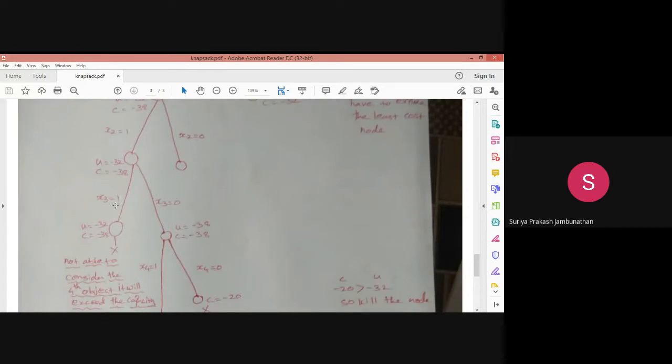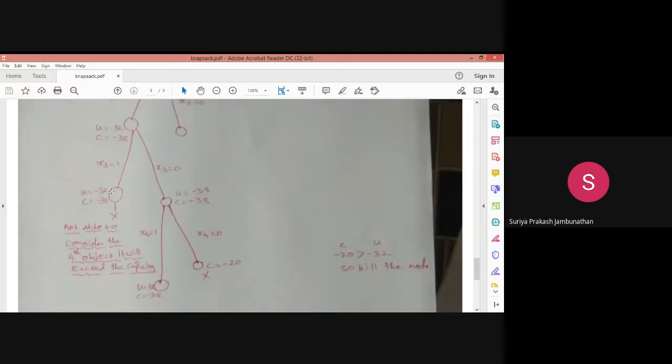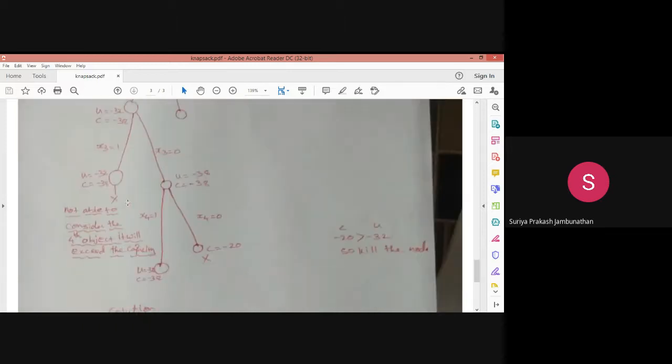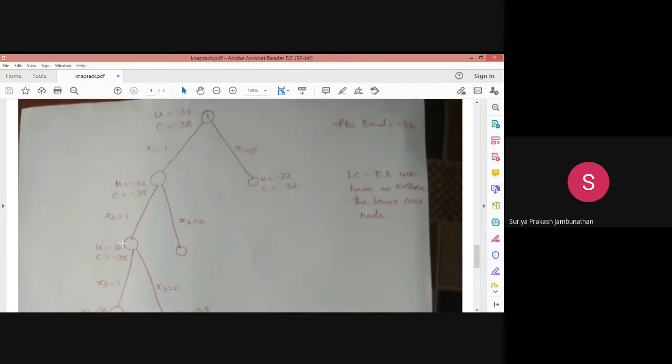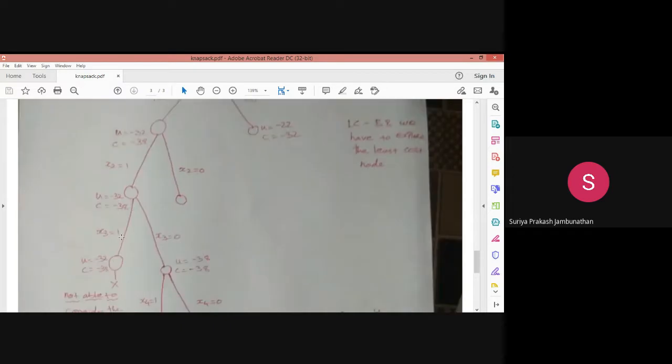Now we have to put considering object 3, not considering object 3. Earlier, considering object 3, what happens? The same answer will come. When you are coming with the same answer, what happens? Here, we are not able to consider the fourth object because it will exceed the capacity. How will it exceed the capacity? We already took object 1, object 2, object 3.